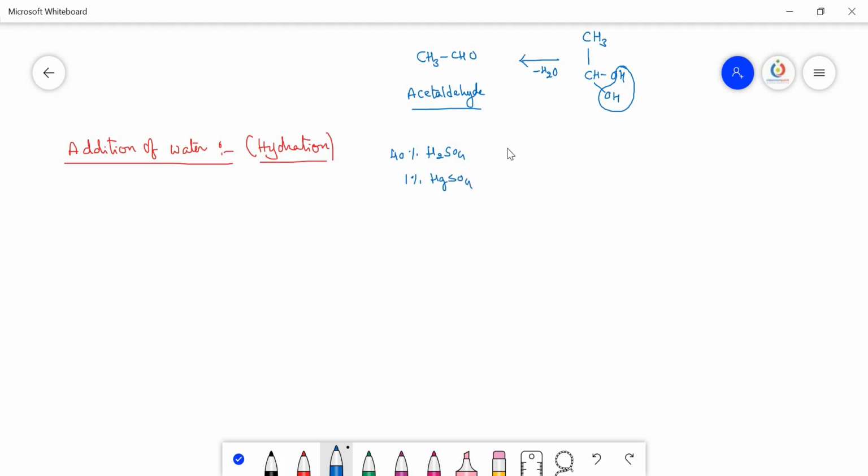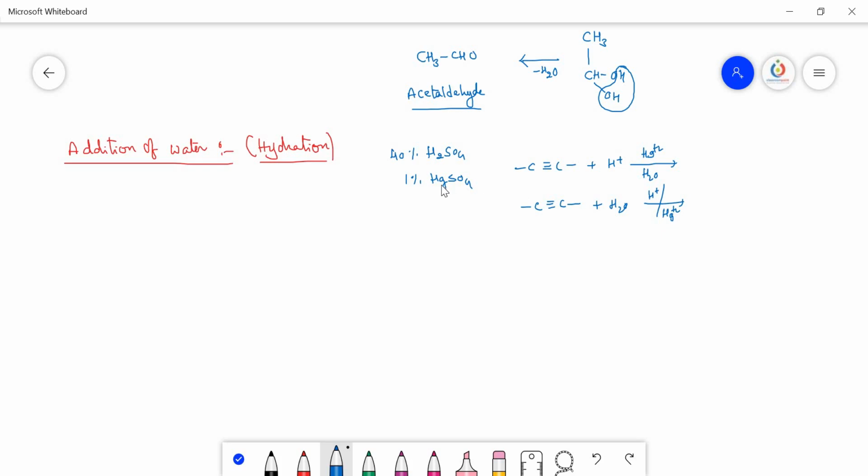HgSO4. So in a chemical reaction, whenever you take the alkyne like this, they may write H plus, Hg plus 2, H2O, or else they may say alkyne plus H2O. Here they may just use H plus and Hg plus 2. Okay.